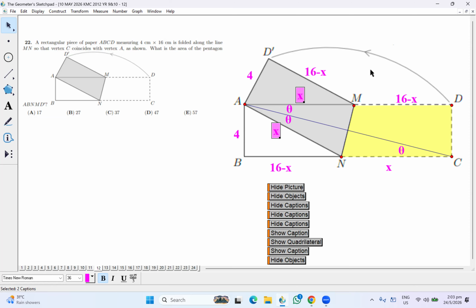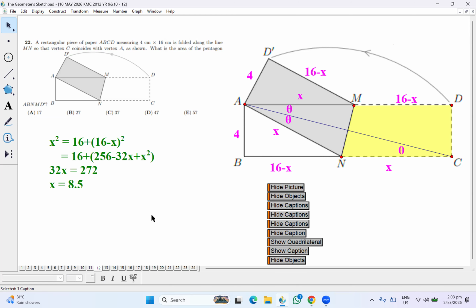So we use all this to form an equation. We use the white triangle, Pythagoras theorem, triangle ABN. X square is the hypotenuse. Then 4 square is 16 and 16 minus X square.